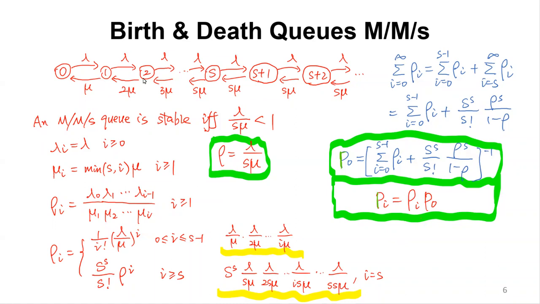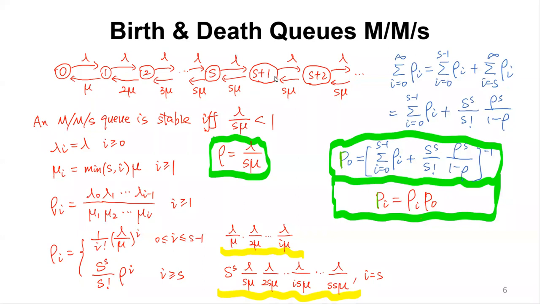Then the service rate will be 2 mu. If you have 3 customers, if S is greater than 3, then the service rate is 3 mu. So until you reach S customers, then S servers serve these S customers. The service rate in total will be S mu. And when you reach S plus 1 customers, you can only serve S customers, still S mu.